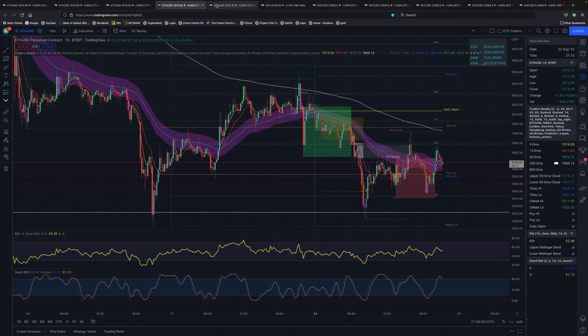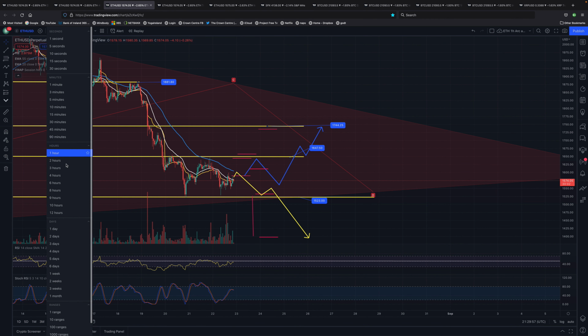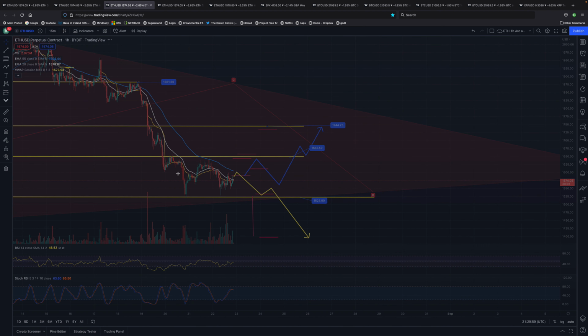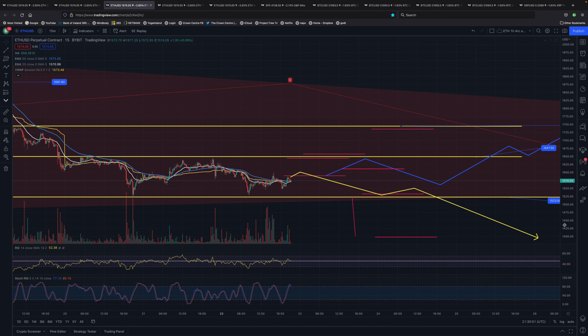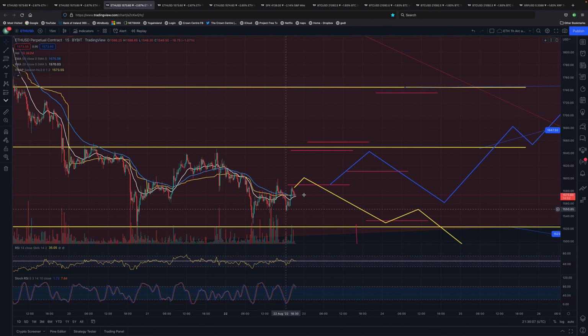But it's not like we don't have that already, because if we look at where it is at the moment, I'll move to the 15-minute. We are looking at it holding the VWAP, the 55, and the 20 on the 15-minute.